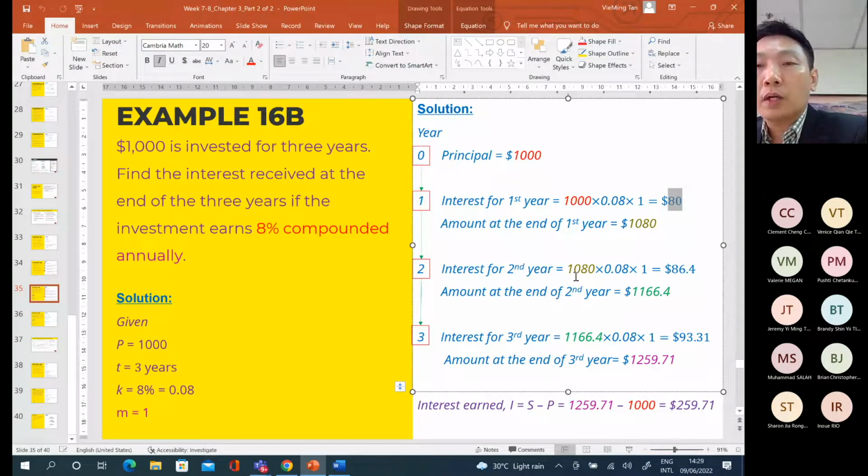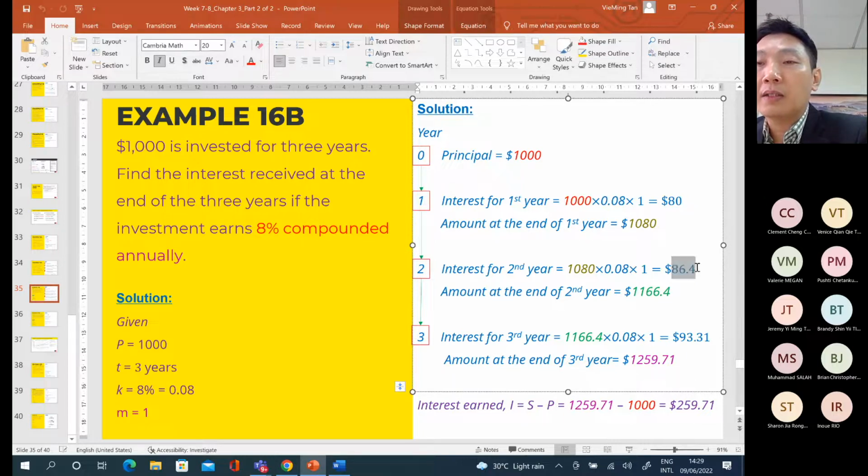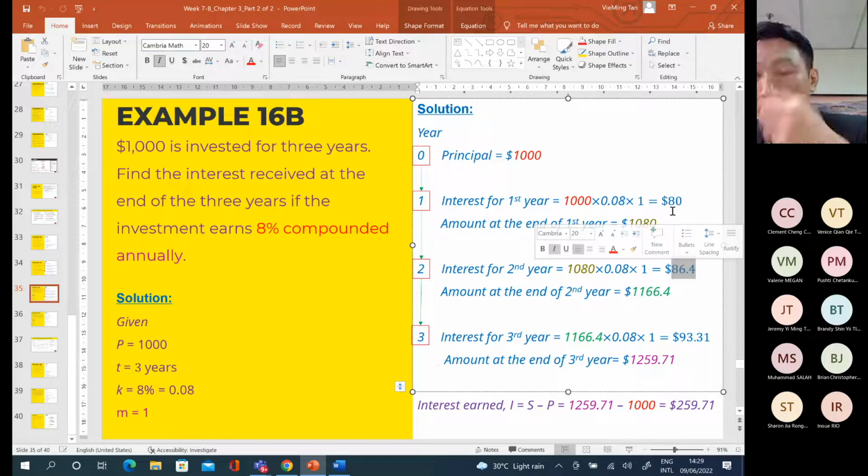So how do we calculate it? We use the accumulated amount in year 1, multiply by 8%, multiply by 1, because of the 1 year duration. So in year 2, the interest earned is $86.40, which is higher than 80. It's because the interest earned in year 1 also helps to generate interest under the compound interest calculation.